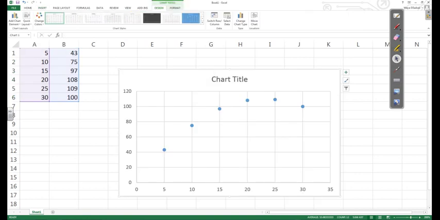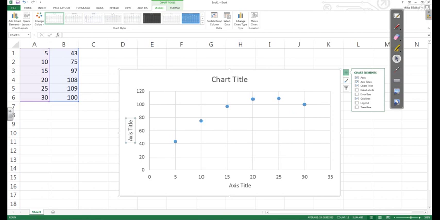Again, you want to add axis titles. What goes on the y-axis? Height is the y-axis, the height in meters. Always include units. Usually units go in brackets.